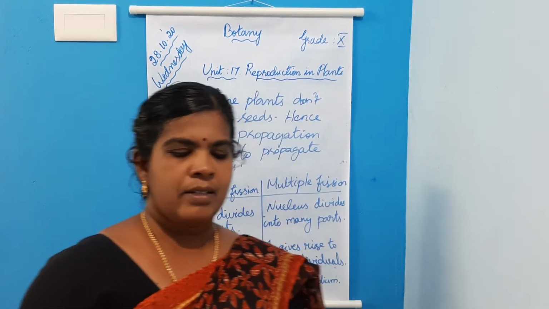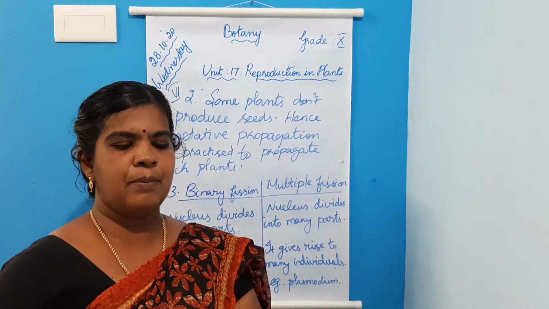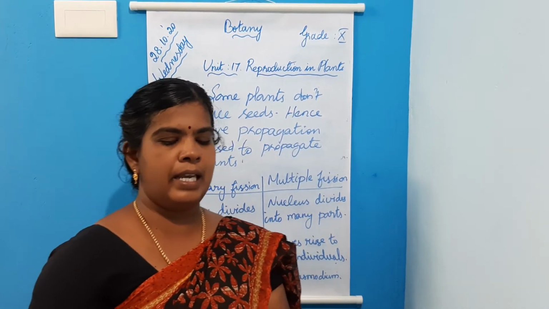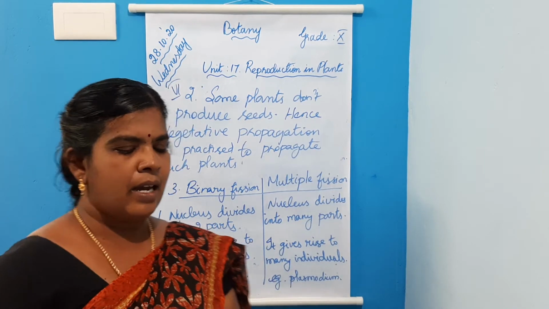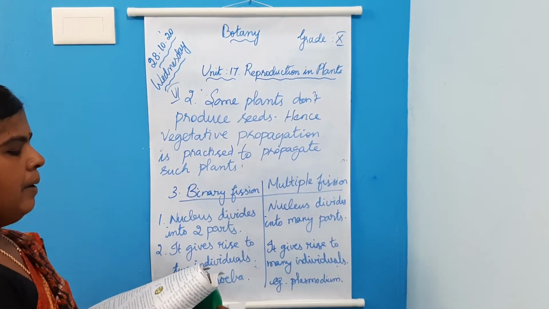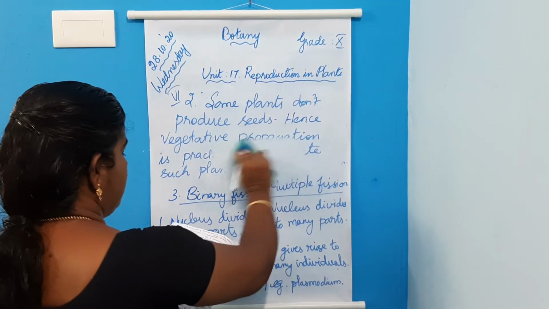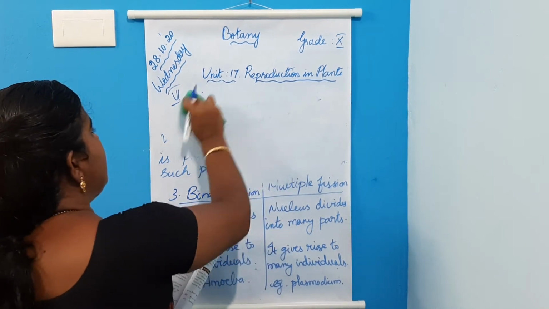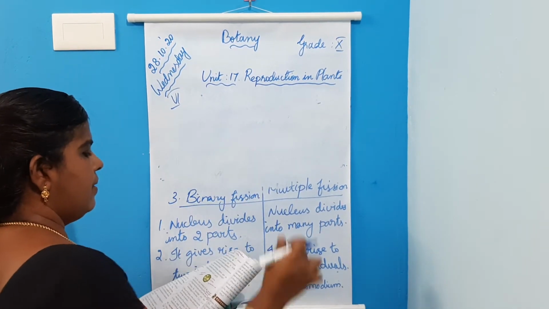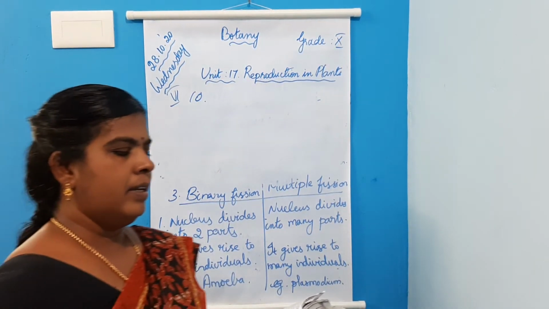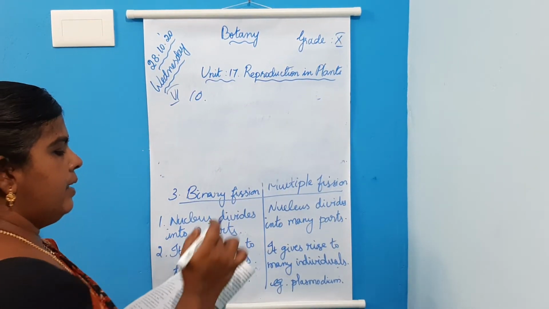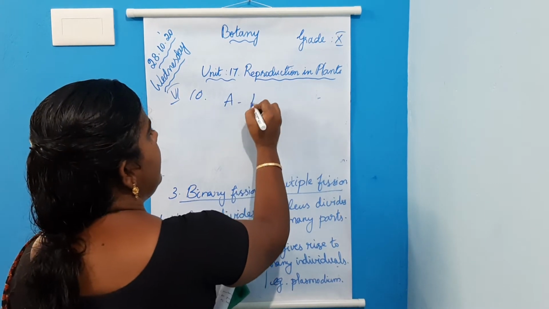Next is identify the parts. Question number 10. Identify the parts A, B, C and D. Here the pollen grain structure is given. What is A?